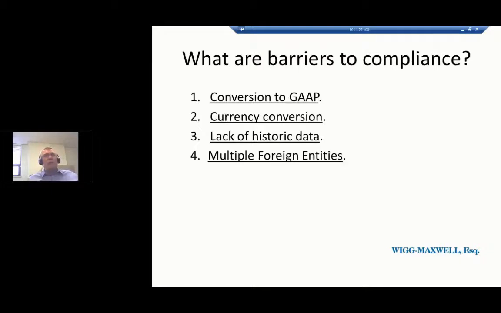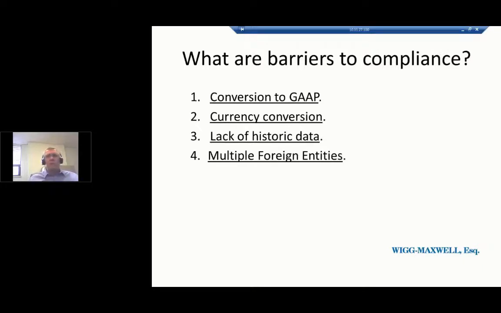Further, you're going to have to convert from the foreign functional currency of that foreign corporation to US dollars, and you may run into problems with trying to get historic data from the foreign corporation. If the foreign corporation has another corporation that it owns, or it owns an interest in a foreign partnership, you may have to take into account the way that the transfers between the family of foreign corporations worked in order to show the corporations.